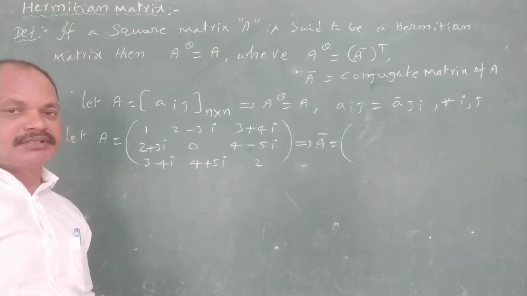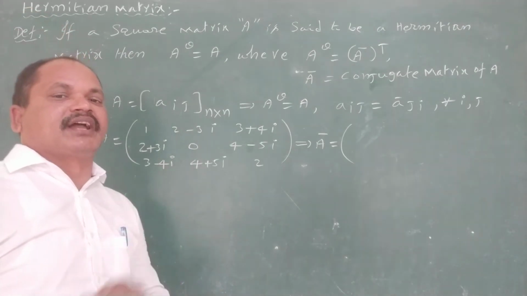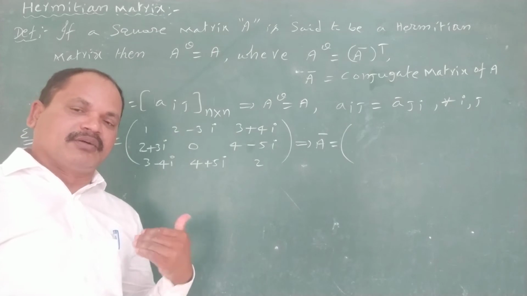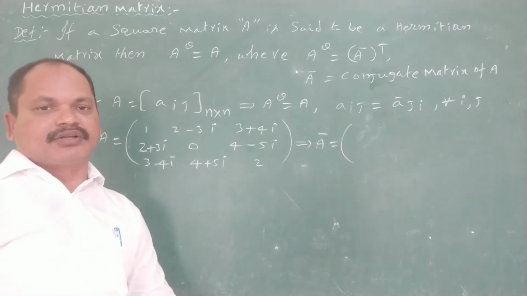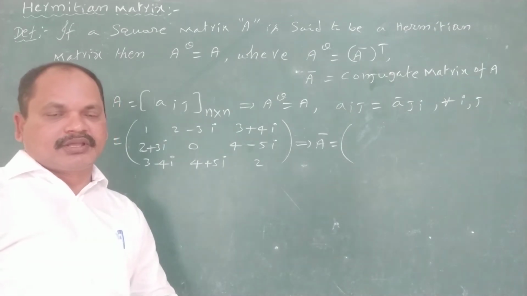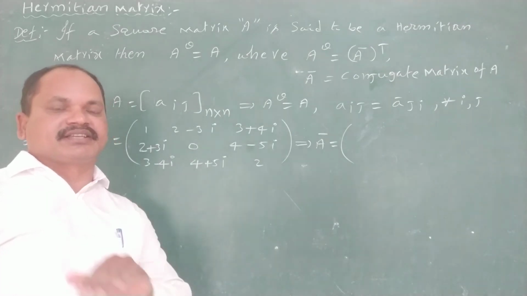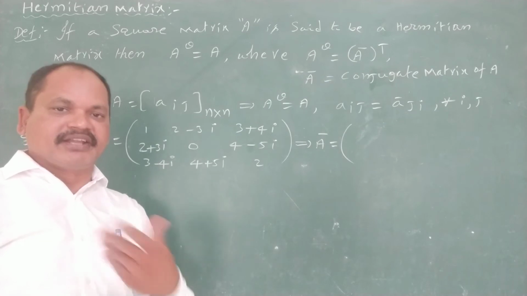A complex number is always in the form a plus ib, where a is the real part and b is the imaginary part, and a and b are real numbers. The conjugate of a plus ib is nothing but a minus ib.